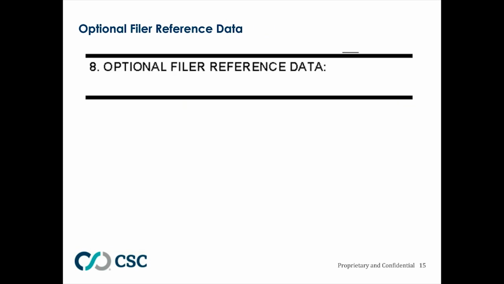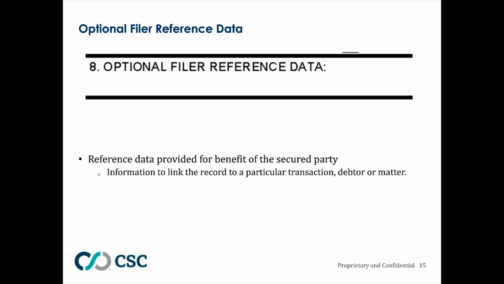Finally, at the very bottom of the financing statement, we have a section that's called Optional Filer Reference Data. This is an optional field. It never has to be completed. But this Optional Filer Reference Data field is important for many filers, because this is where the filer can enter information to allow them to cross-reference the UCC acknowledgement copy with a particular file or particular matter.